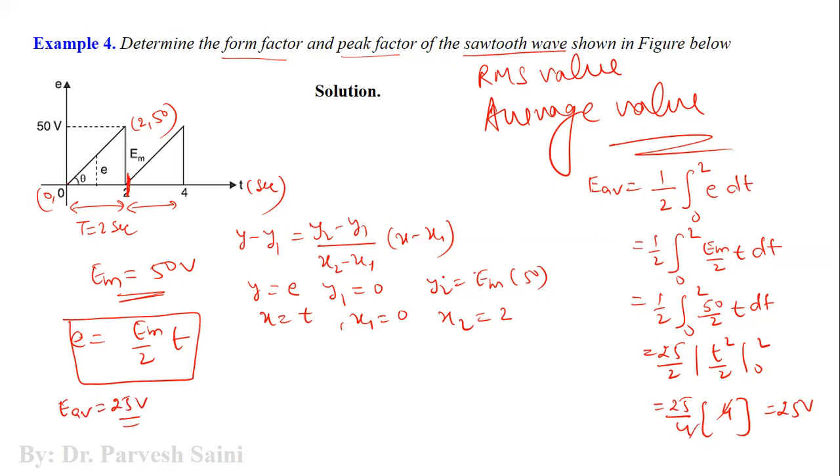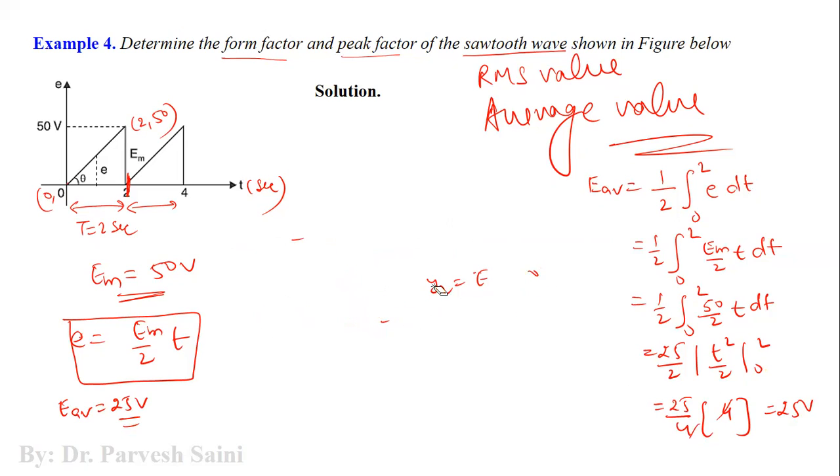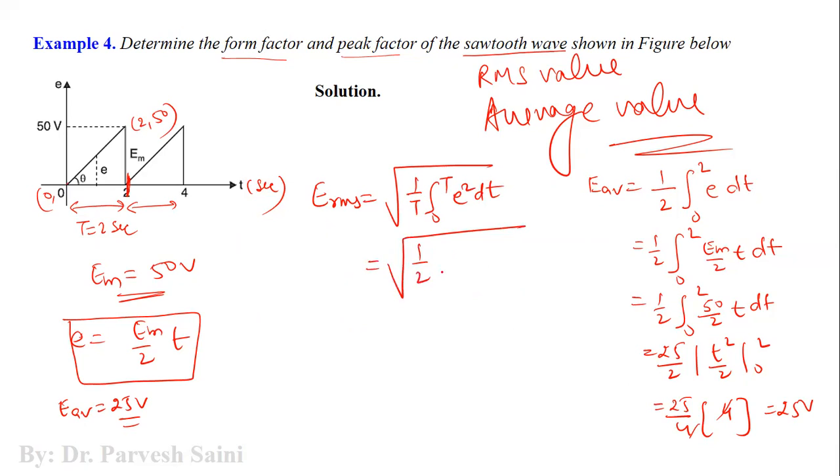Similarly, we can find out the RMS value also in this particular case, and the formula will be same, which we are using to calculate the RMS value, and that formula is E RMS, so under root 1 by T, 0 to T, E square dt, right? So T here is 2, so 1 upon 2, 0 to 2. So this is Em square by 4 into t square dt.